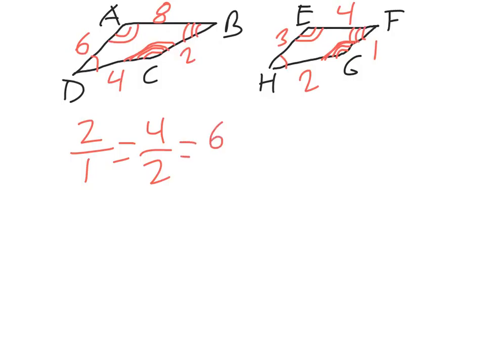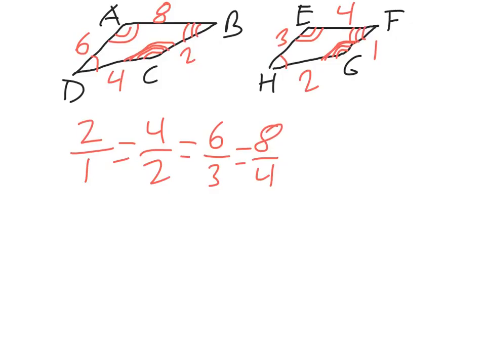So then 6 to 3, and 8 to 4. If all those ratios end up equaling each other, then the polygons are proportional and similar.